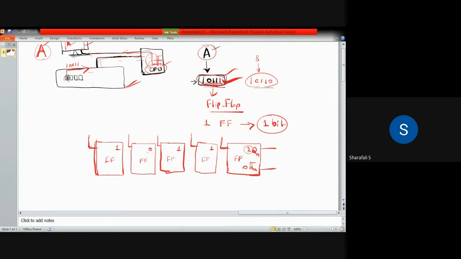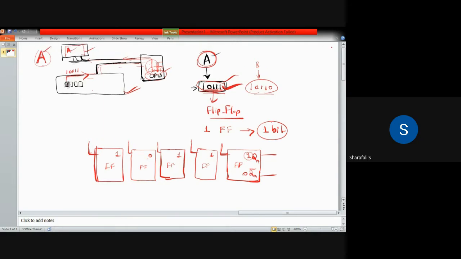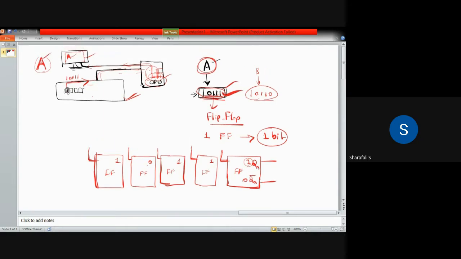So if you are writing something using your computer and you press A, this 10111 is sent to the CPU, and the CPU will send 10111 to your memory location, that is, into these flip-flops. The CPU will send 1 to this one, 1 to this one, 1 to this one, 0 to this one, and 1 to this one. So the CPU sends all those values into these flip-flops.